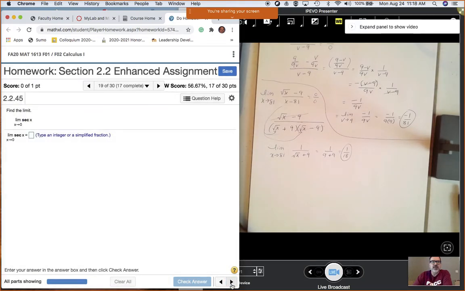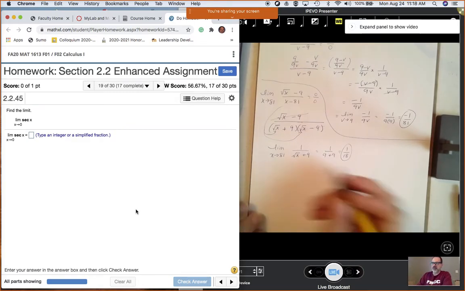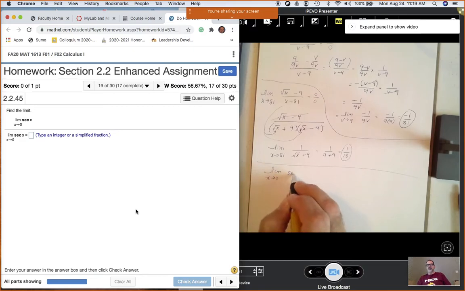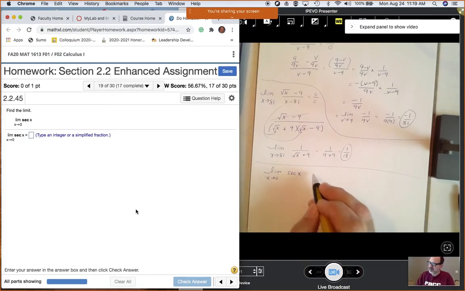Okay, this next one, probably multiply by the conjugate of the denominator. We seem to be doing a lot of the same things. Here's at least a trig one. Let's do the limit as x approaches 0 of the secant of x. Well, what's the secant of 0? Anybody know? What's the cosine of 0?